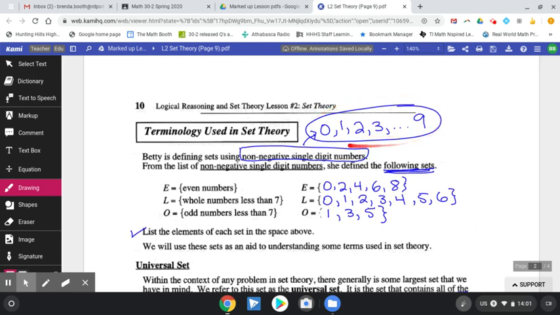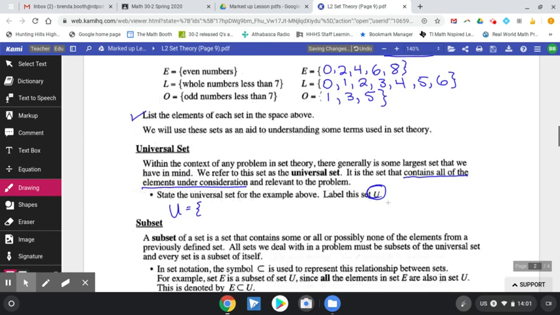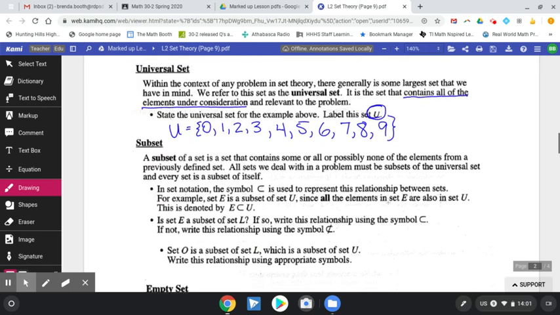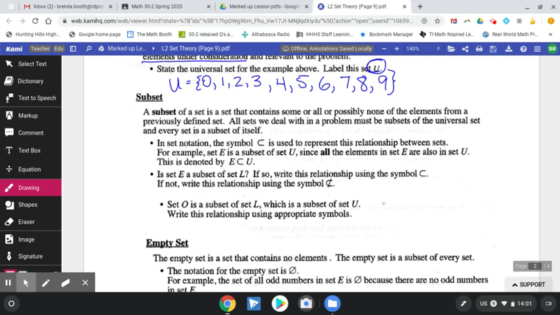That makes this one the universal set. So 0, 1, 2, 3, 4, 5, 6, 7, 8, and 9 for the universal set.